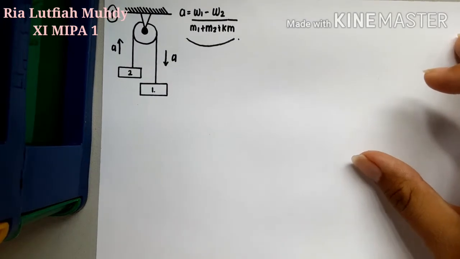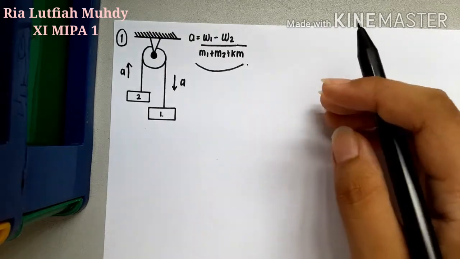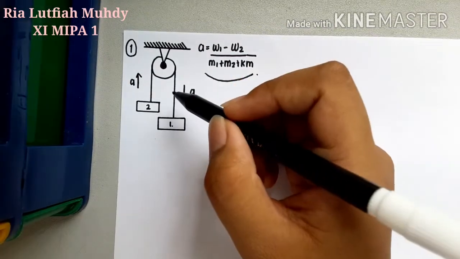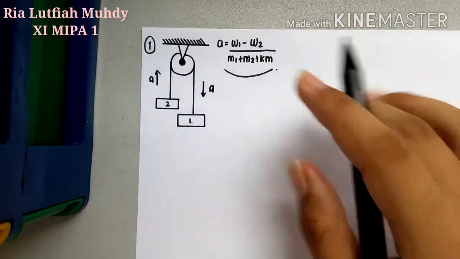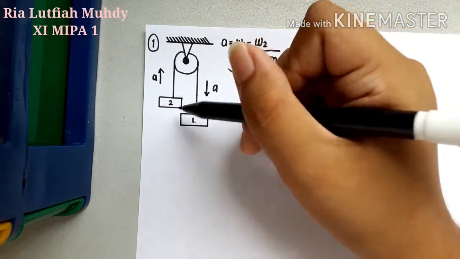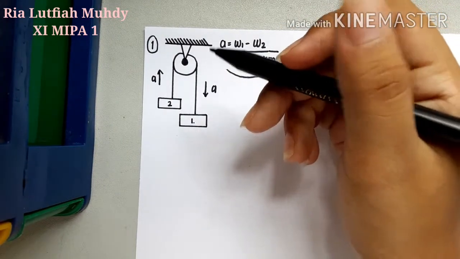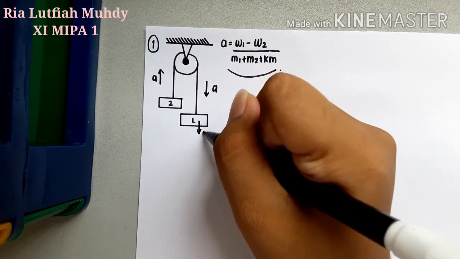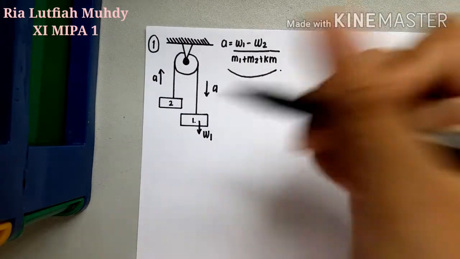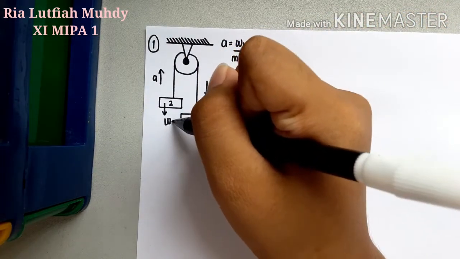So, keep on watching. To answer these questions, the first step is to draw the free body diagram. As you know, in this ballet, there is a rope and there is a beam. There is beam 1 and beam 2. In beam 1, we get weight force 1 over here, and in beam 2 we get weight force 2.